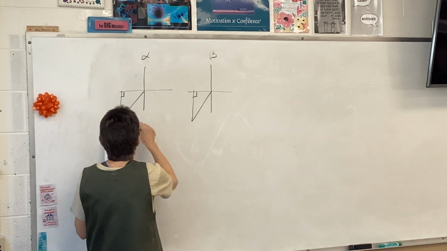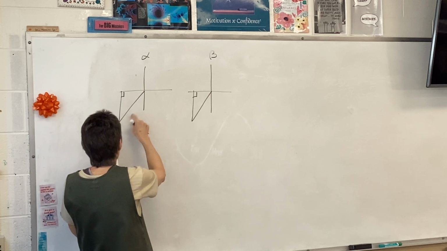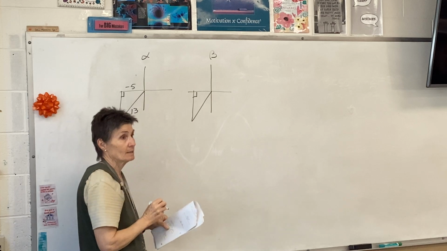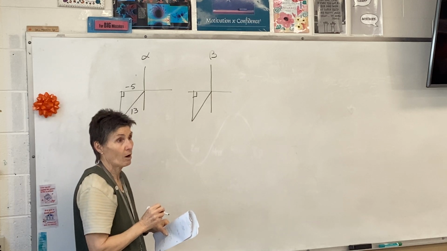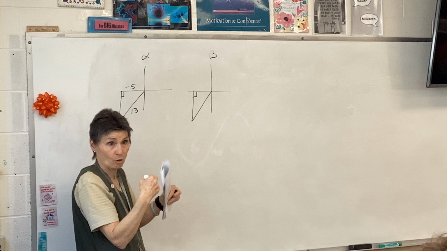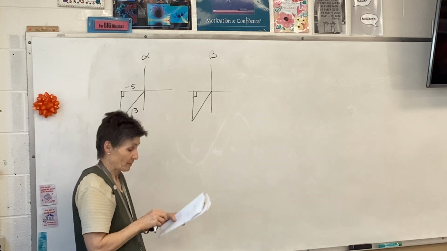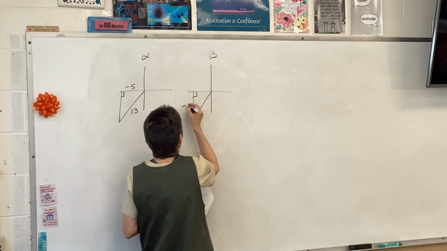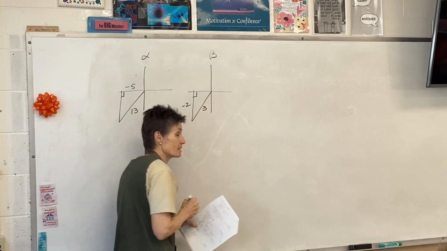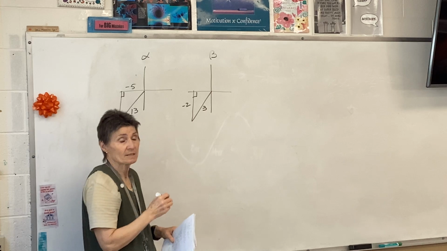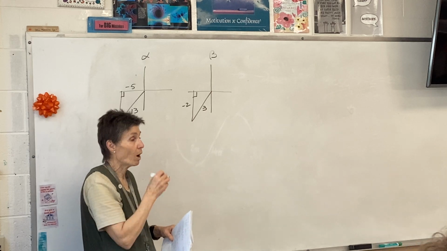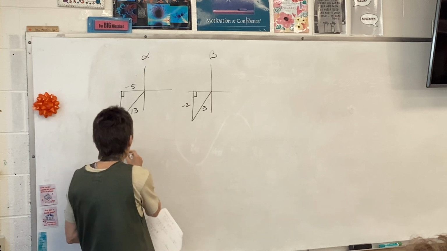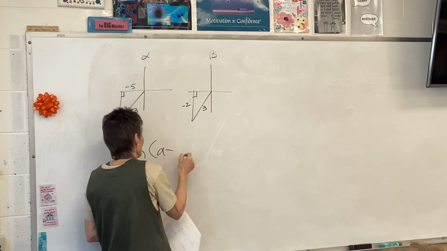The cosine of alpha is negative 5/13, x over r, or adjacent over hypotenuse. And the sine of beta is negative 2/3, again opposite over hypotenuse, or y over r. I want to find the sine of alpha minus beta.